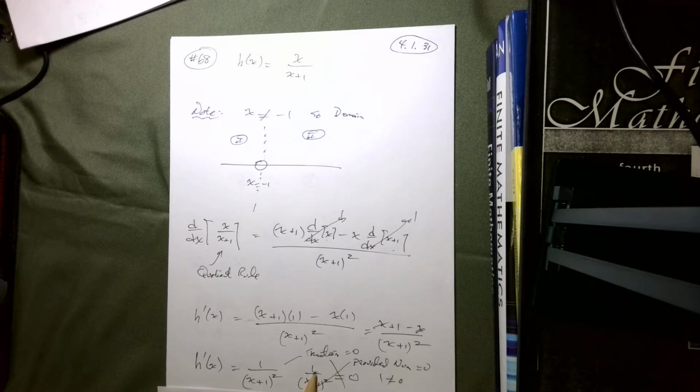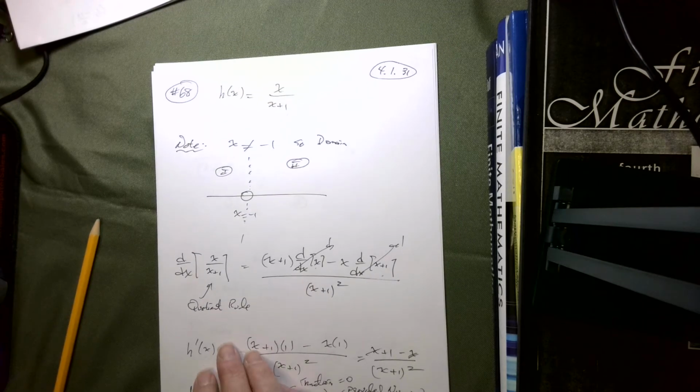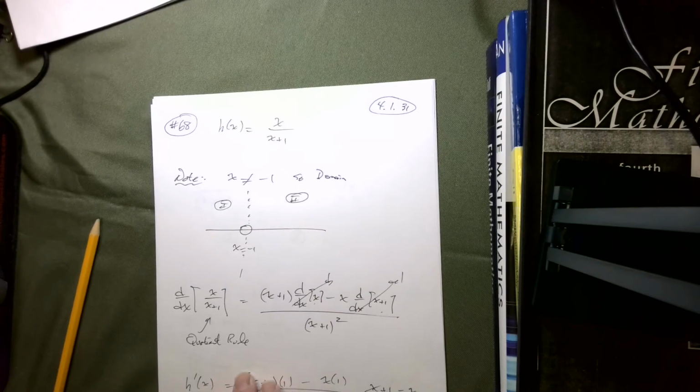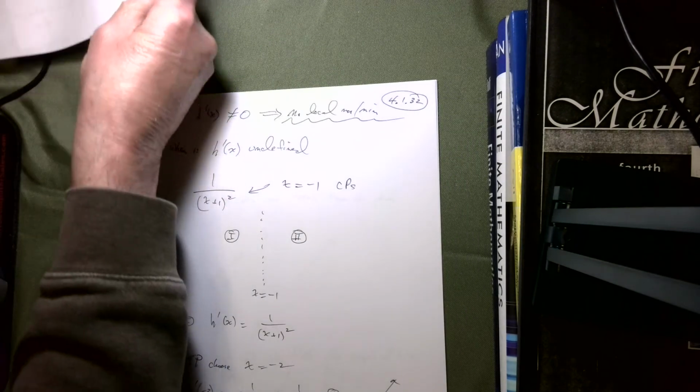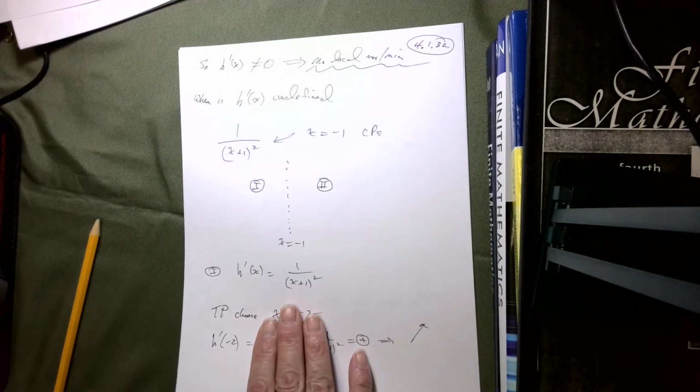When the numerator is equal. 1 is not 0, so in other words, there's no critical points in the sense that the derivative is equal to 0. Critical points also occur when the derivative is undefined. That also occurs at x equals -1. So the only critical point we have is at x equals -1, and we're not going to have a local max or a min.